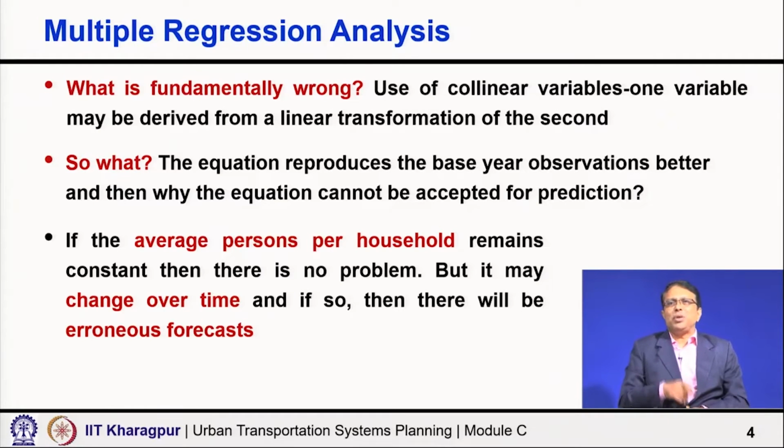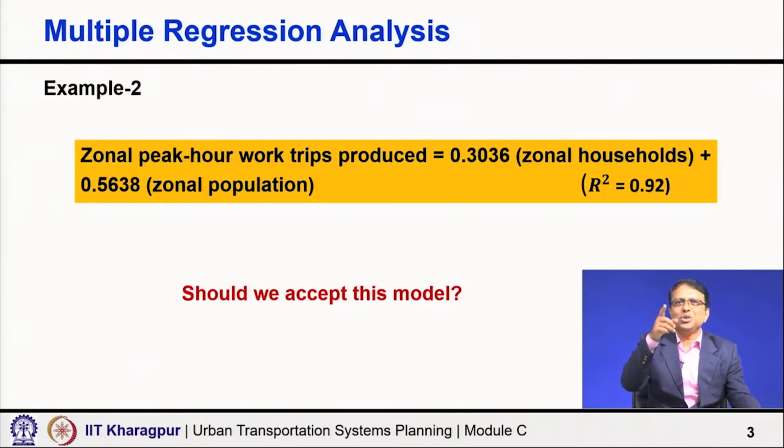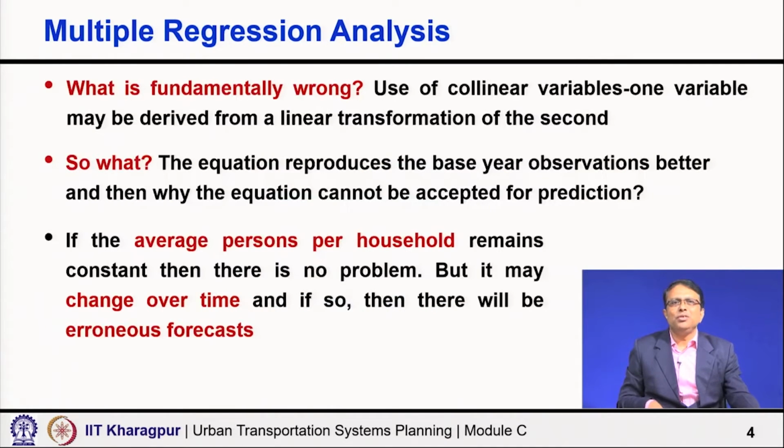You do not see that, but it is there in that model, because these 0.3036 and 0.5638 coefficient estimates are based on that value of k in the base year. That number is there in this equation, you do not see it, but it is actually influencing those coefficient estimates.